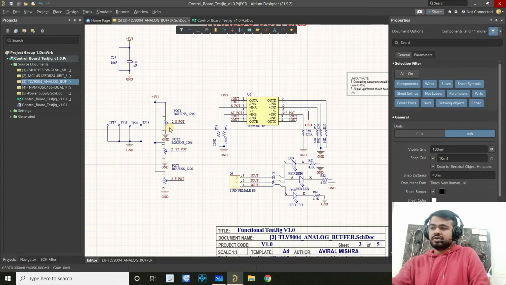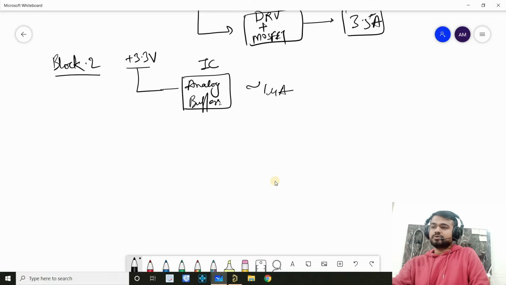These are 10K potentiometers and should stop at 1K, and that is what I want. So the maximum amount of current flowing through these will be 3.3 milliamps multiplied by 3. That is again a load that we have to mention here.